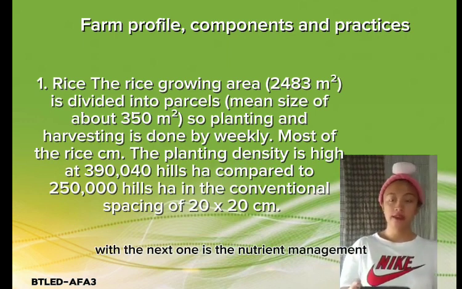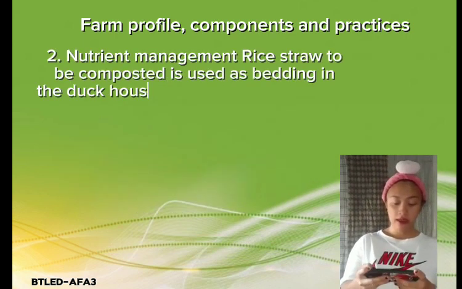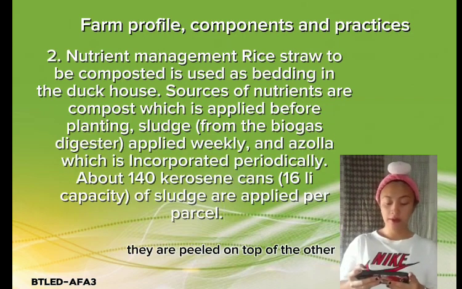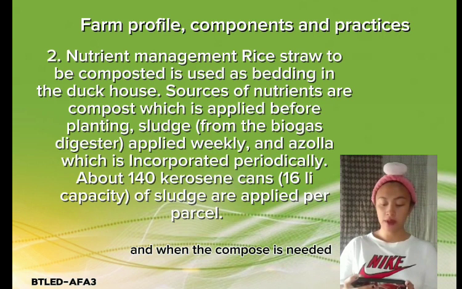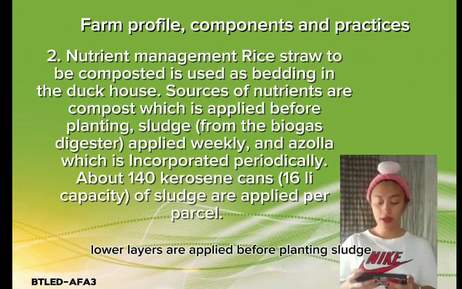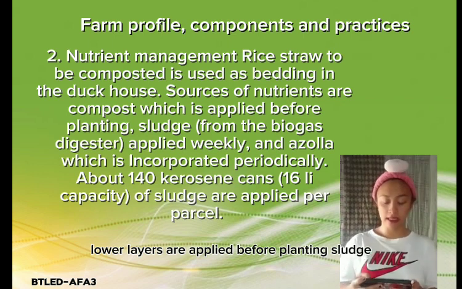The next one is nutrient management. Rice straw to be composted is used as bedding in the duck house. They are piled on top of each other, and when the compost is needed, the pile is rolled and the composted lower layers are applied before planting.